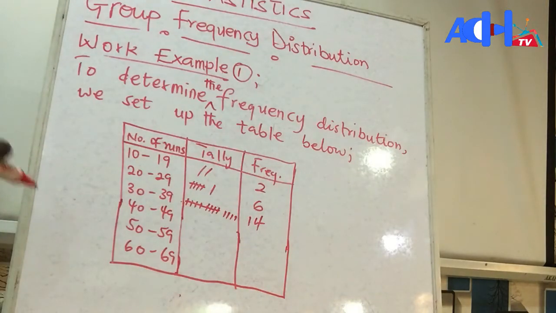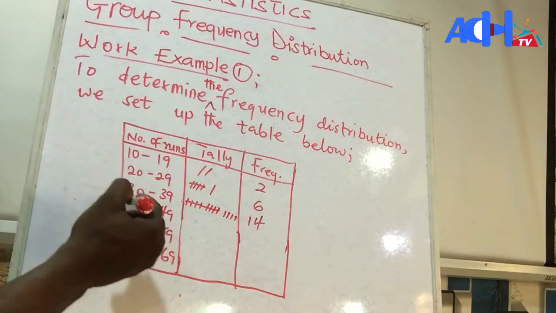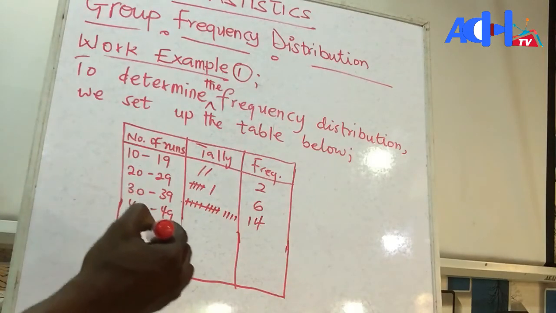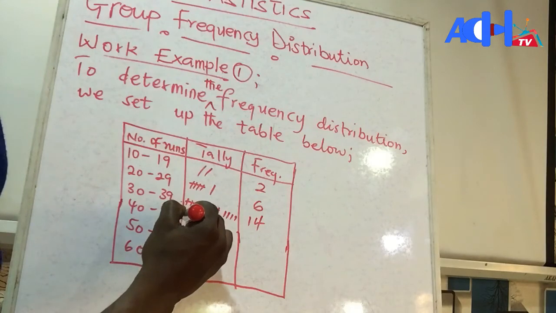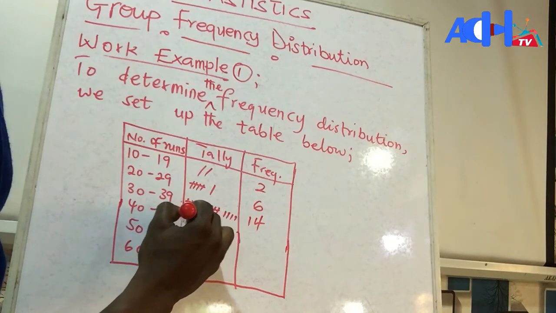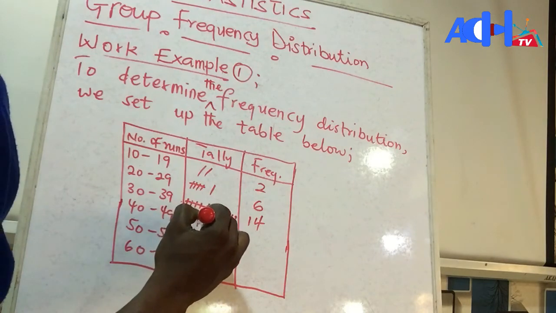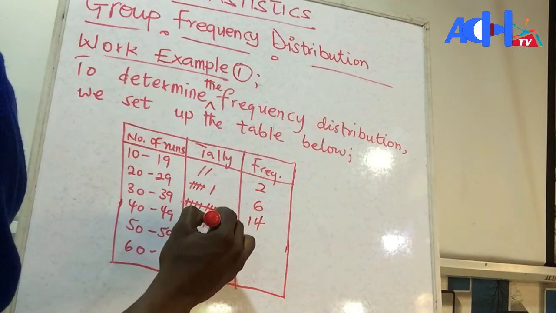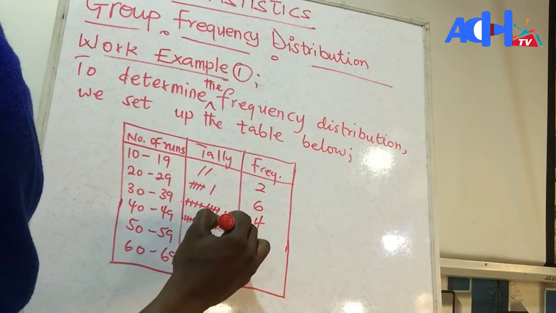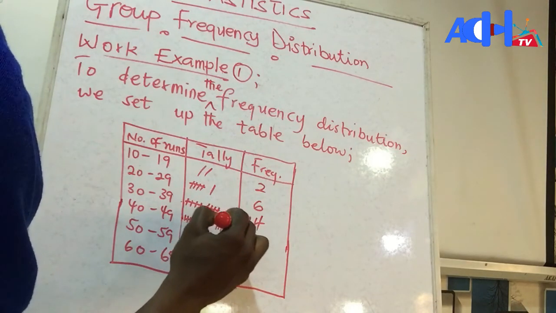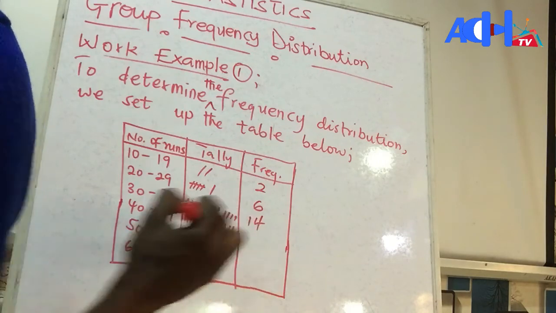Then when you move to 40 to 49, it was 17, but let's count. 1, 2, 3, 4, 5, then 1, 2, 3, 4, 5, then 1, 2, 3, 4, 5, 6, 7.